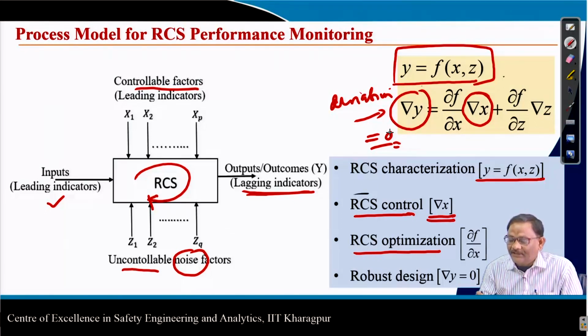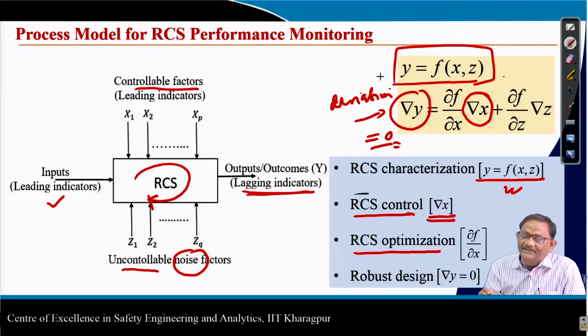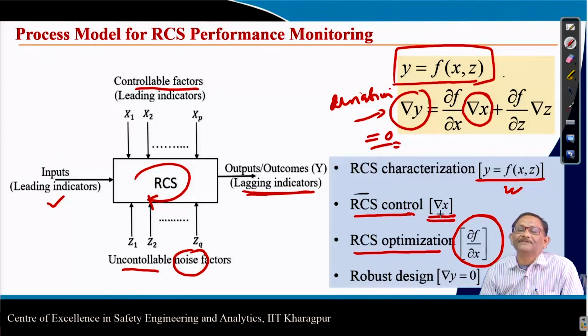So in that case, you have to understand this relationship, that means how control of x, or some action on x, ultimately makes the desired changes in y. That parameter is delta f by delta x. You have to work on the relationship quotient. In addition, if you want to think that there are noise factors, which may induce certain kind of variation or deviation, then you design the control factors.